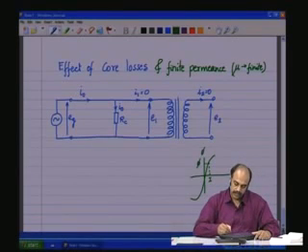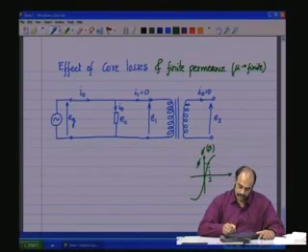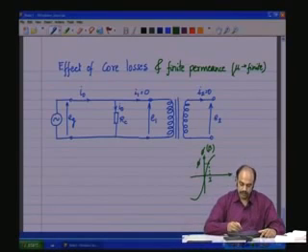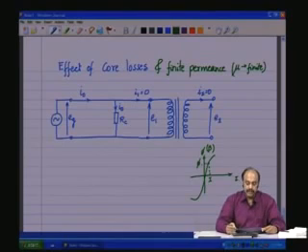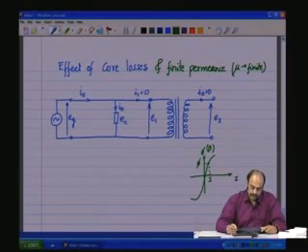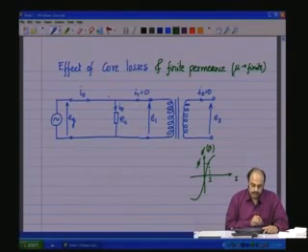If this is phi and this is I, the B is nothing but phi by A, and H is nothing but Ni by L. So we could also have a phi I curve, which means a finite current is needed to set up the flux, which means that current is also to be drawn from the source even under no load condition.